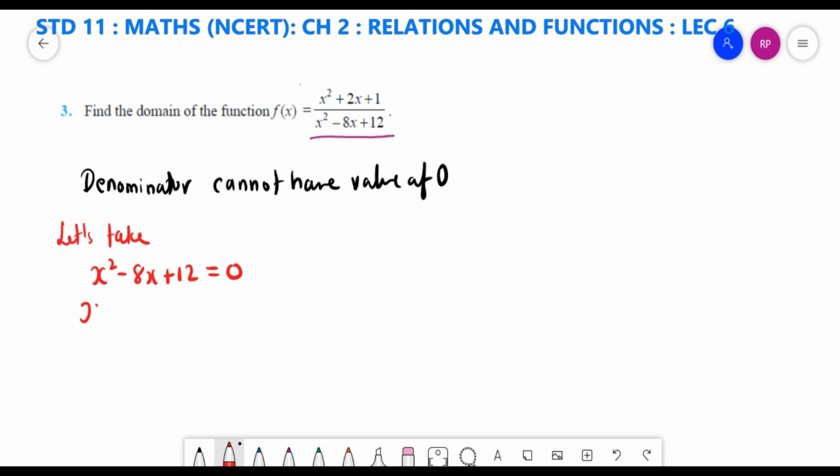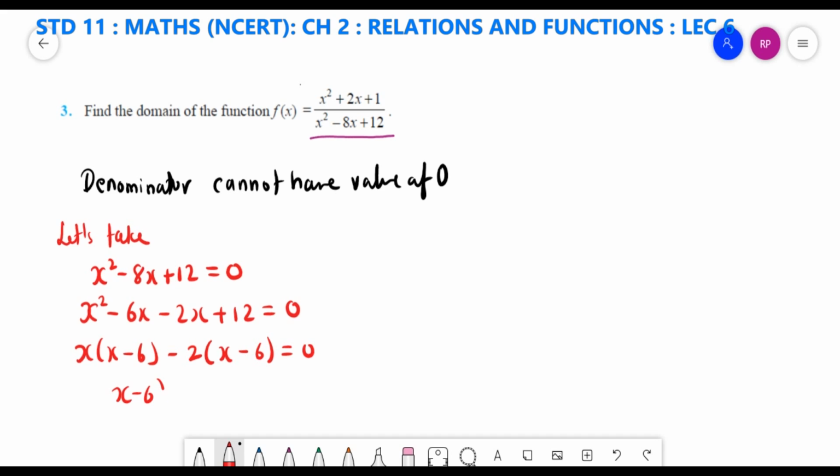So I will write x² − 6x − 2x + 12 = 0. I will take x common here: x(x − 6). I will take −2 common here: −2(x − 6) = 0. That means (x − 6)(x − 2) = 0.